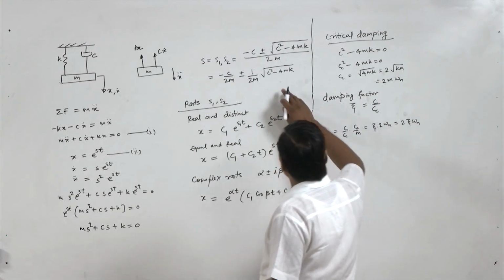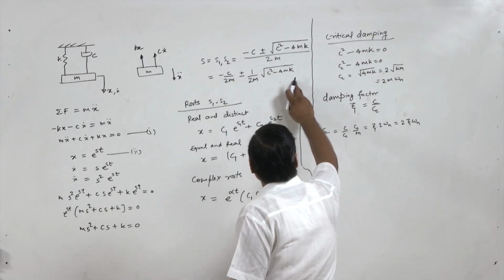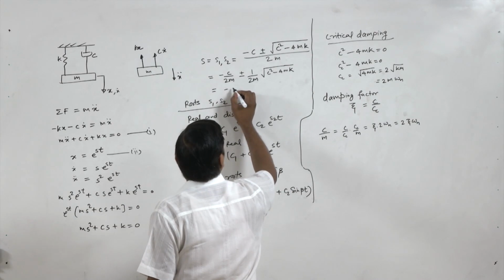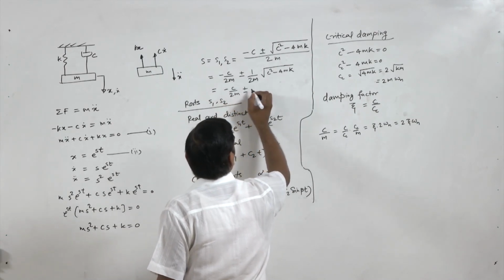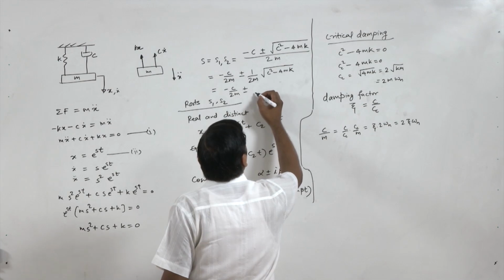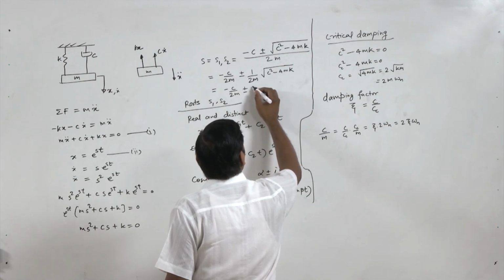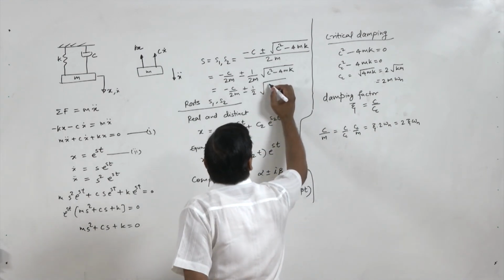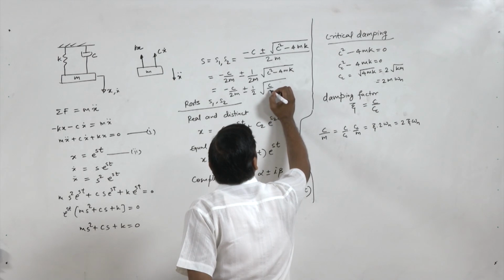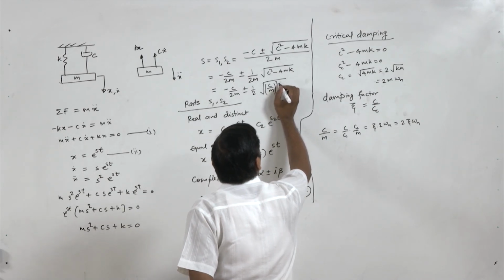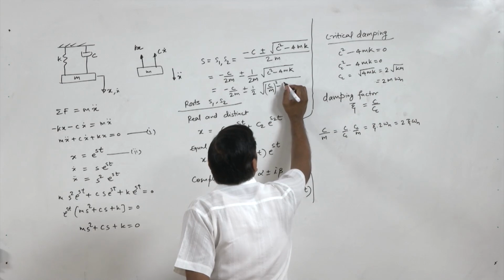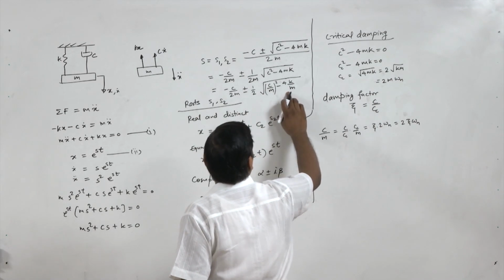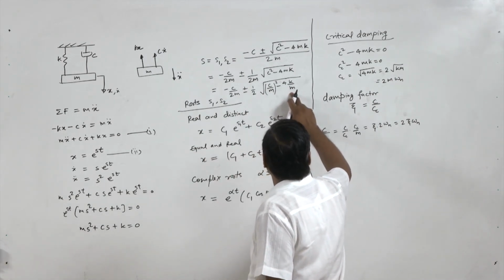Now we can write here minus c by 2m plus minus one by 2 root (c by m) whole square minus 4 k by m, because here m will be m square when it goes inside. So 4 k by m.